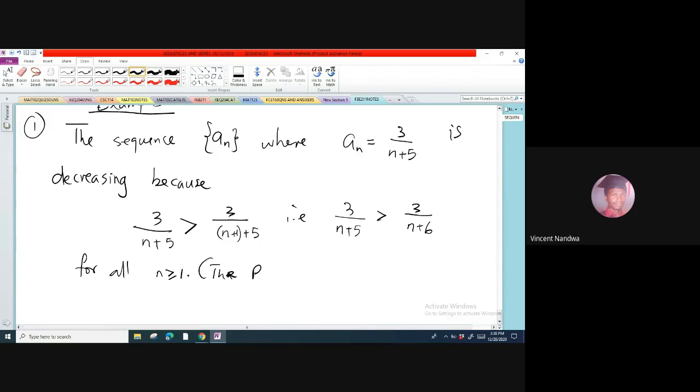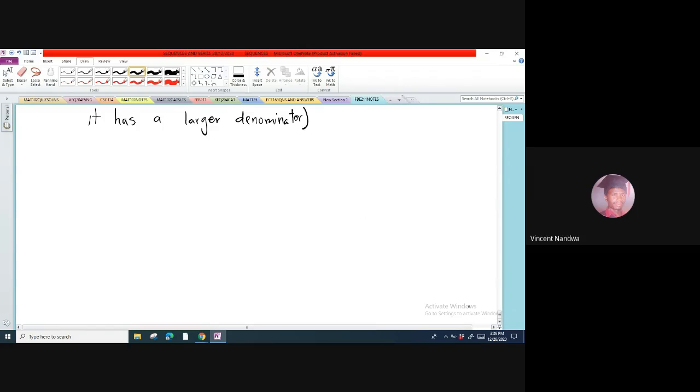The right hand side is smaller because it has a larger denominator. Good.